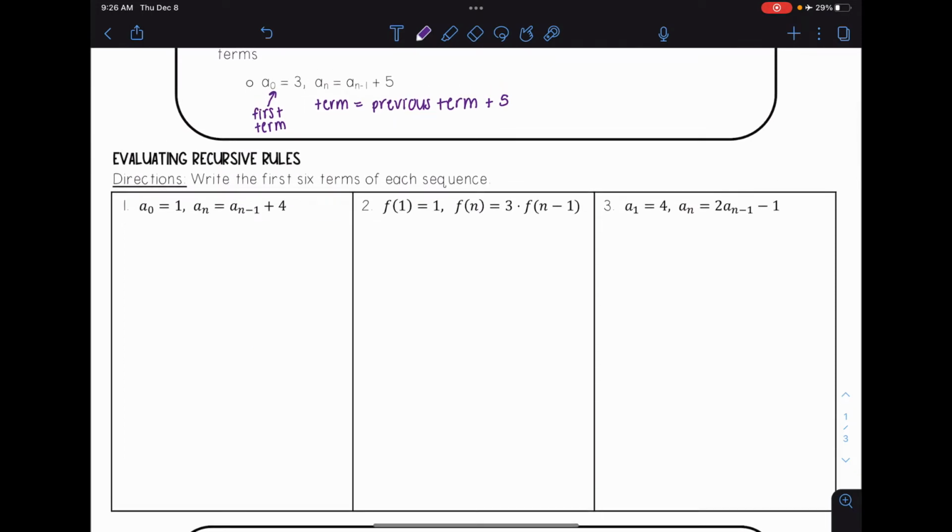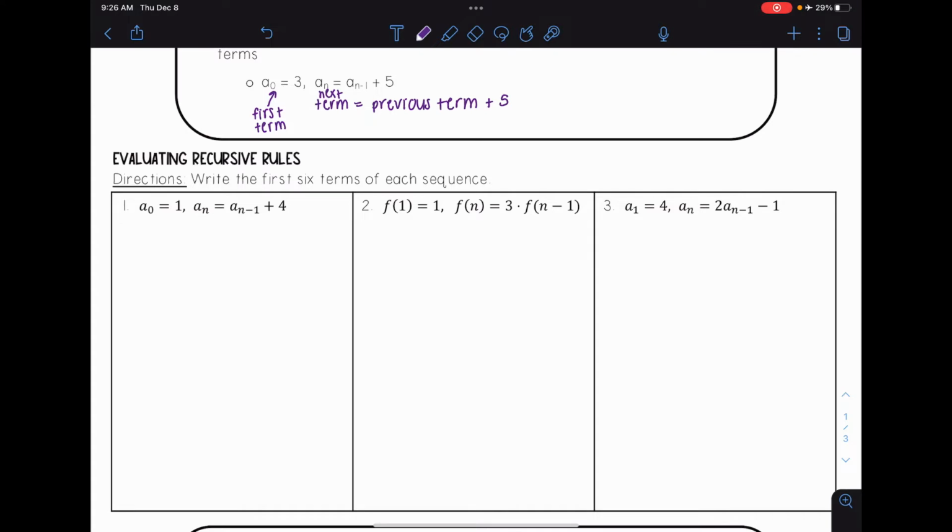We're going to write the first 6 terms of each sequence. So number 1, I have a_0 is equal to 1, and my rule that a_n is equal to a_(n-1) plus 4. So that says my next term is equal to the previous plus 4.